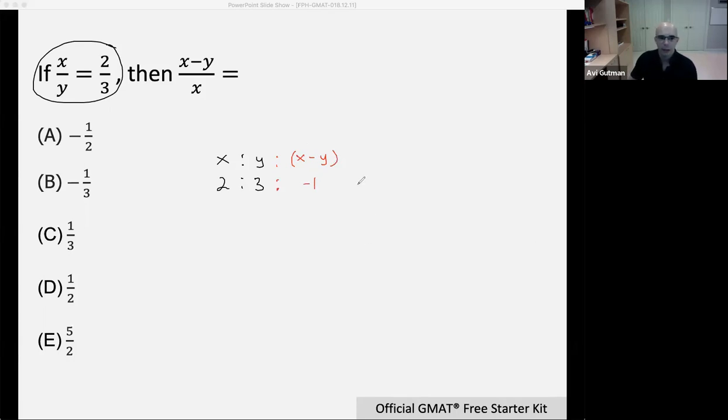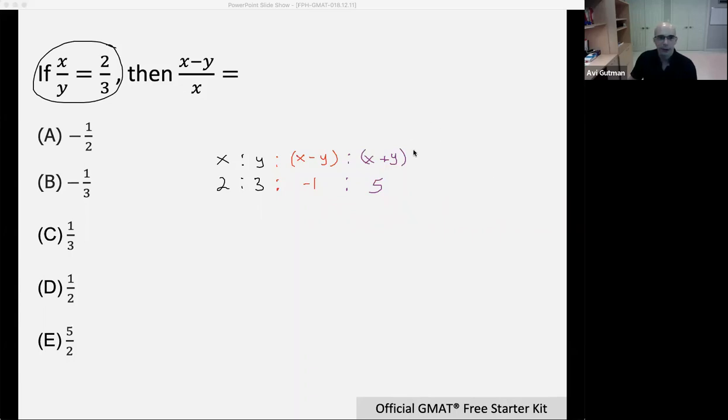So in the world of ratios, x minus y would have exactly -1 ratio units. Just to illustrate this point, I'll tack on another column, although this next one is not necessary for this particular question. But I could say that together x plus y would be 5 ratio units.